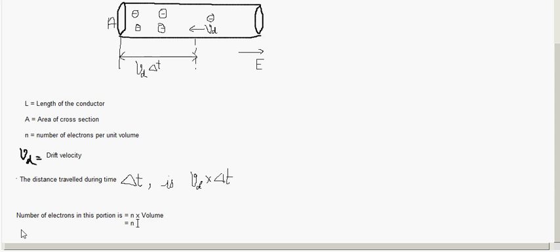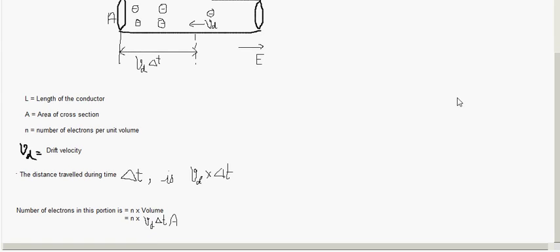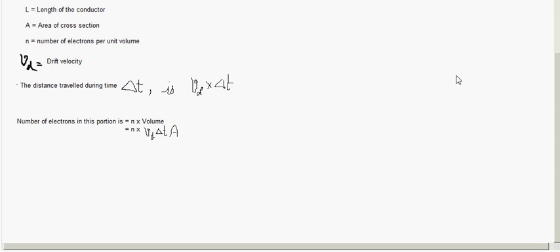Length multiplied by area will give you the volume. So we can write the volume as Vd into delta t into area. This is the number of electrons in this portion.